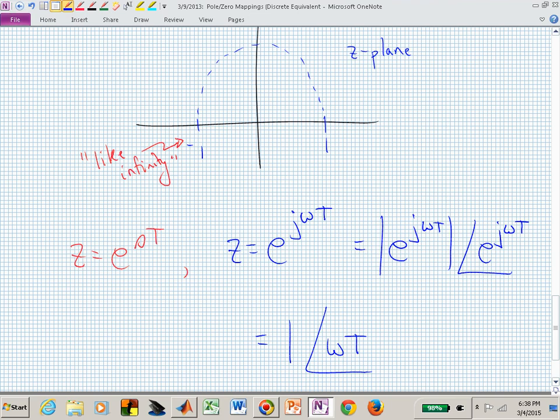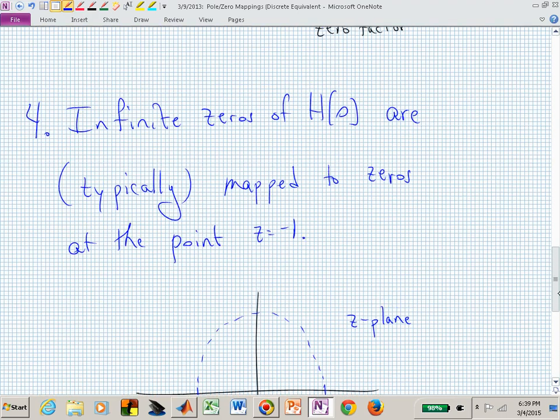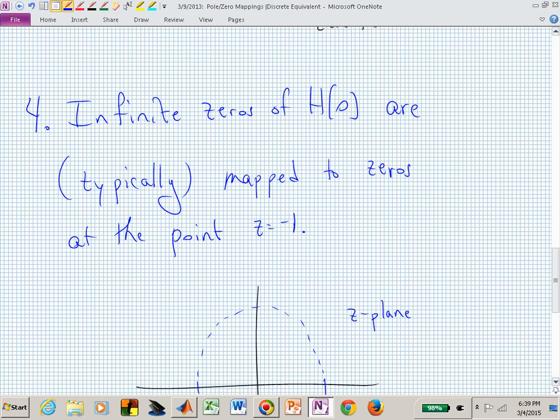It can only go to -1 at 180 in the z-plane, and it starts wrapping around. That's why the -1 looks like infinity. Now, with that stated, we need to map infinite zeros in H of s to factors that give us 0 when z is equal to -1.